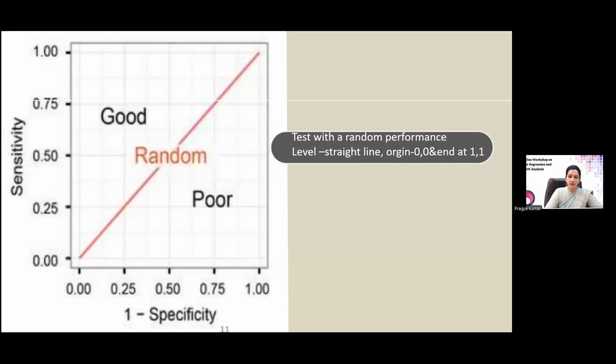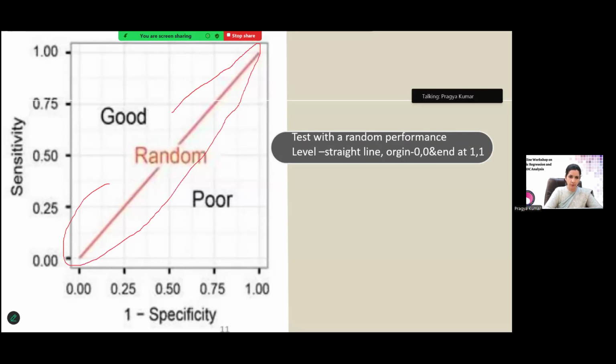The test with this straight line goes from 0 and 0 and ends at 1 and 1. We have said that this is set at 0.5, because if the graph is here, then you will see that the test is performing poorly. If the graph is in this area, then you will say that it has a good performance.